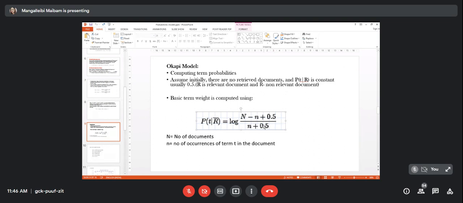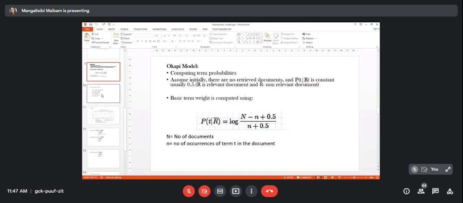In the last class we also saw capital N. The capital N stands for the total number of documents in the collection, and small n stands for the number of occurrences of the term T in the document, which means the frequency. So you just need to remember this formula for further computation.